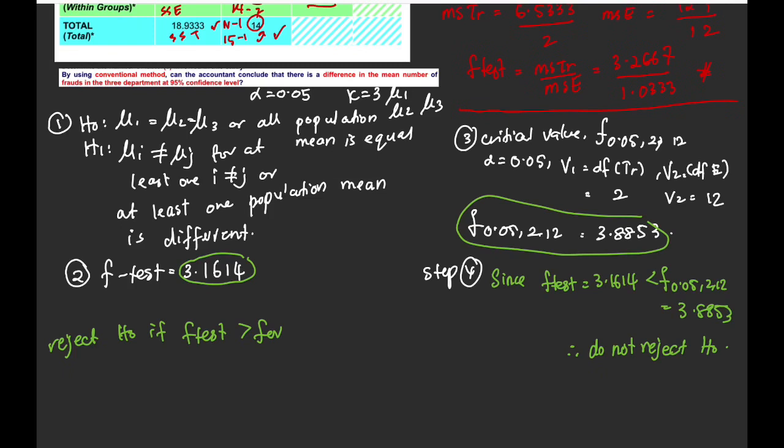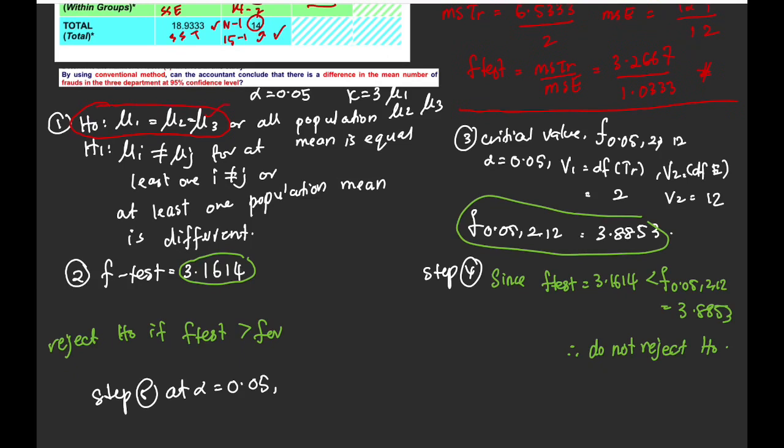So step number 5, the conclusion. At alpha 0.05, you do not reject H null. So you accept this H null, so the mu is similar.